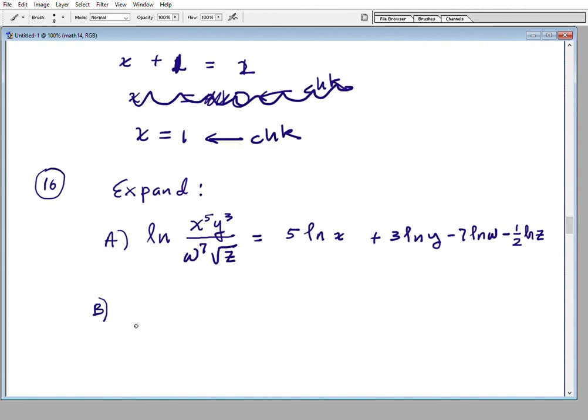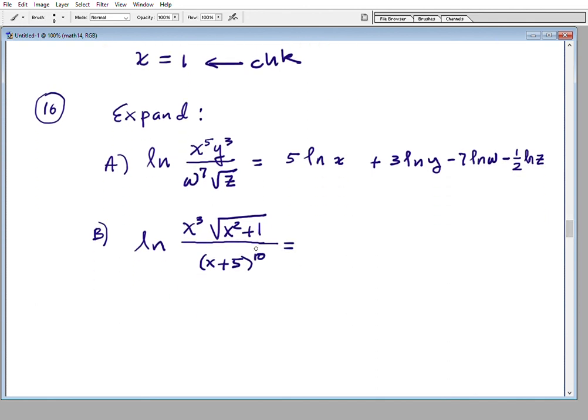Okay, let's do one more where we have these x expressions. Let's say x cubed. Let's say square root of x squared plus 1. Let's say x plus 5 to the 10th, something like this. So when we expand, first we have ln x cubed, and bring the 3 down.